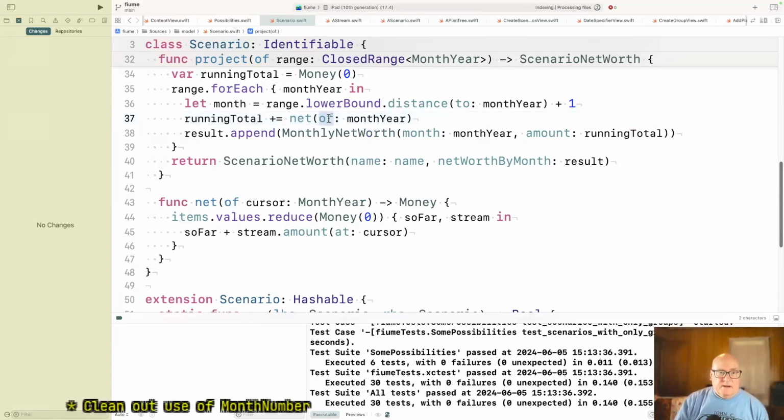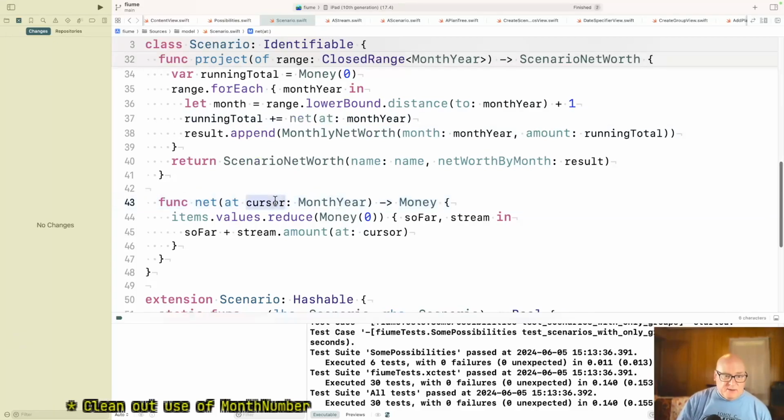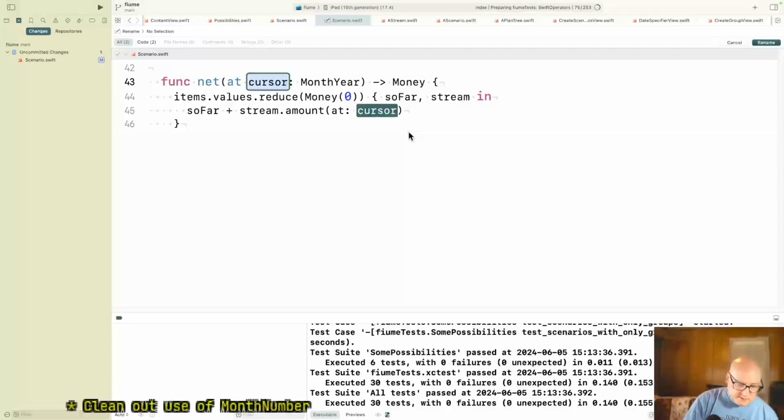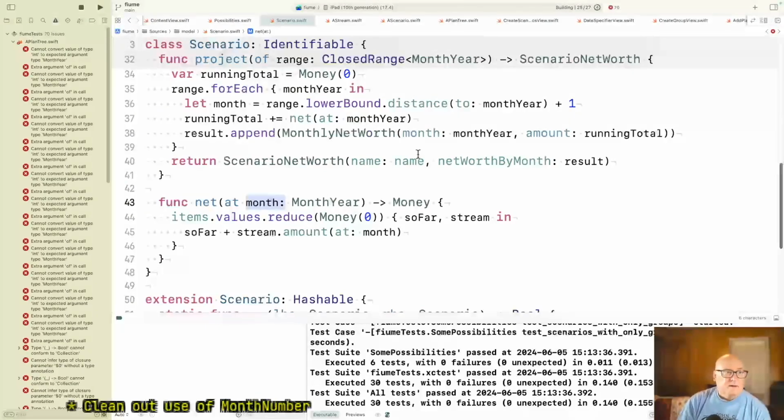And then, I mean, we're going to touch all these places. Let's just do the naming now. Cursor is month. Okay. And maybe some tests. Calling scenario.net. Wow.